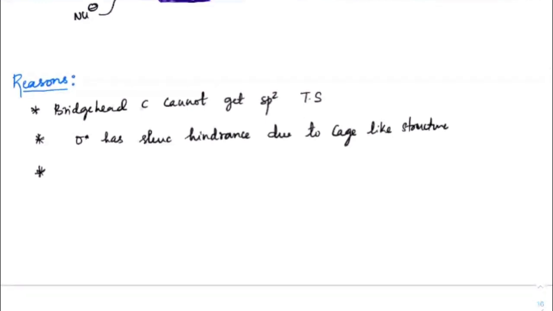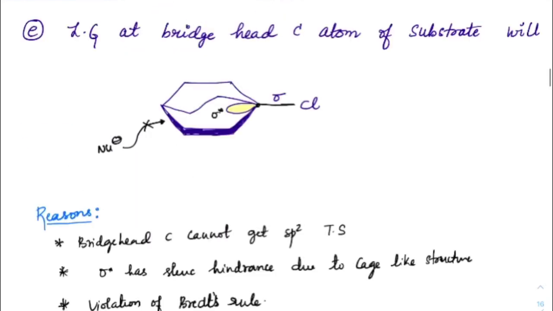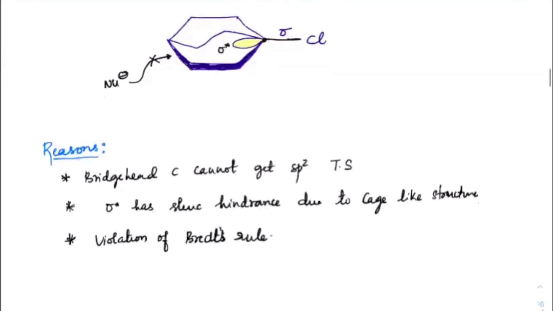Next, it is a violation of Bredt's rule, right? Let me remind you what Bredt's rule is. Bredt's rule tells us that a double bond or a cation cannot be formed on the bridgehead carbon, correct? There is definitely not a double bond here, but it is trying to form sp2 hybridization in the transition state, which is also not possible.